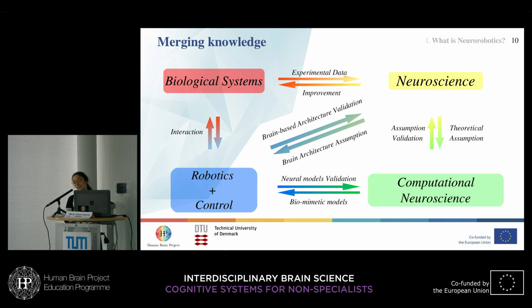So, neurorobotics basically is about merging knowledge. If we start from neuroscience, neuroscientists, through experiments, through the observation of nature, of the biological system, get experimental data. And thanks to this experimental data, they can actually assume theory.